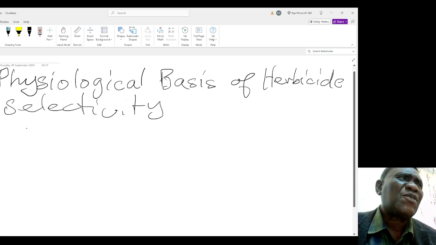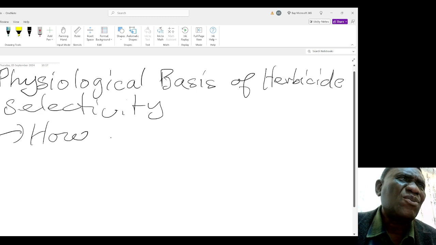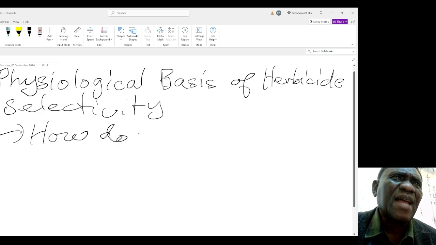Now, our first question is: how do herbicides enter the plants?